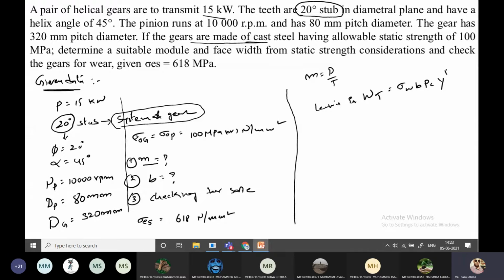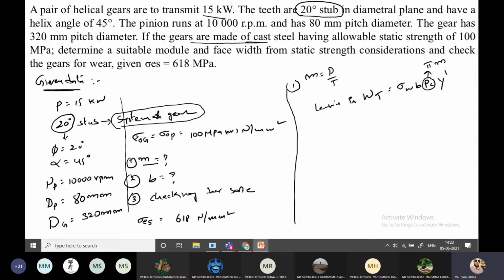Why am I writing y dash? Because this is a helical gear. If it is a spur gear, directly I will write y. Now with this equation I am going to calculate the module, pi m, pc is equal to pi m, isn't it? Now we have these two equations.